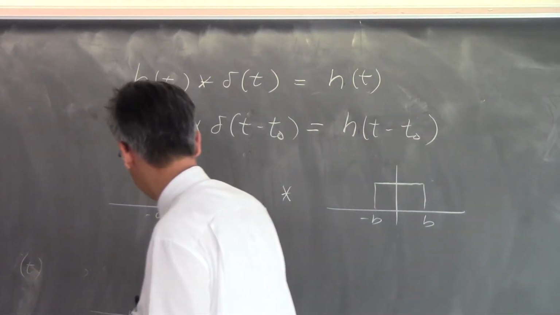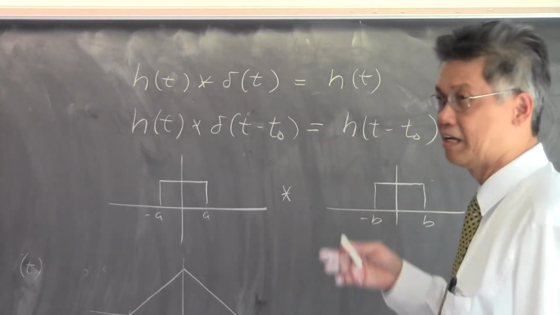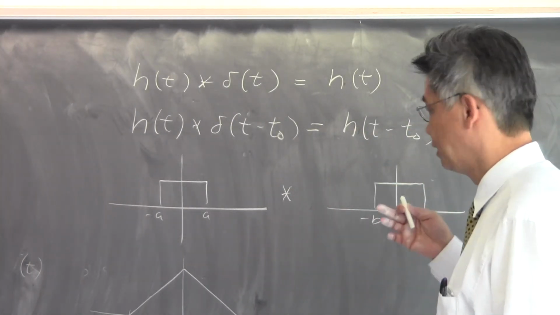You pick up a linear area, you get a triangle. So convolution of a rectangular function with a rectangular function gives you a triangular function.